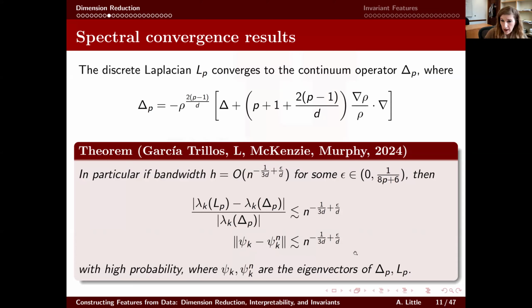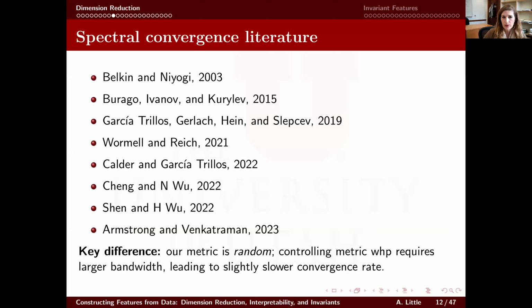Okay, so to put this in context a little bit, there is a really vast and continuing to grow literature on spectral convergence of graph Laplacians. So there's lots of results and different approaches for this. And the rate that you get in the standard setting of Euclidean distance is a little better than what we get.